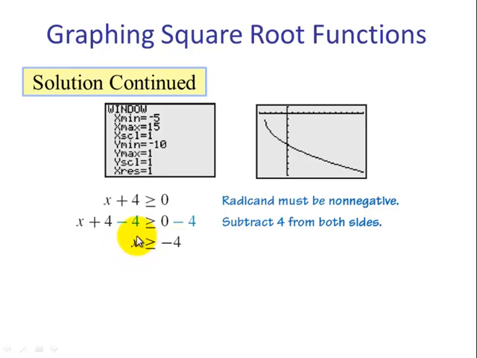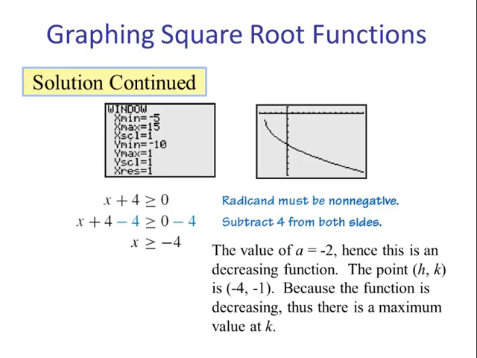So as long as x is greater than or equal to negative 4, we will take the square root of non-negative numbers, and that's our domain. For the range, since the value of a is negative 2, we have a decreasing function. Therefore, we will have a maximum value at k, which is at negative 1. So our range would be all values less than or equal to negative 1.